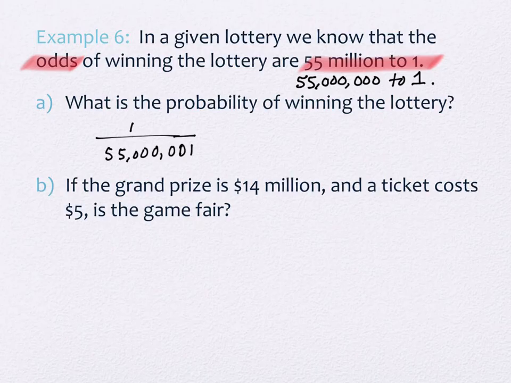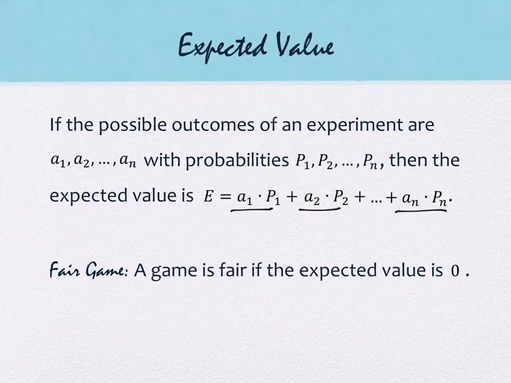All right. If the grand prize is 14 million and a ticket costs $5, is the game fair? Now, do you remember how we decided if a game was fair last time? They had an equal chance of winning and losing. It has to do with equal chances of winning and losing, but there's a calculation that actually comes into play. Let me see if I can find it.